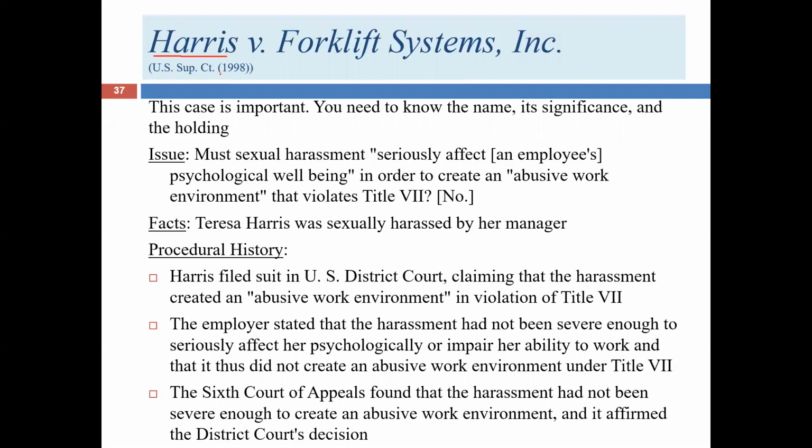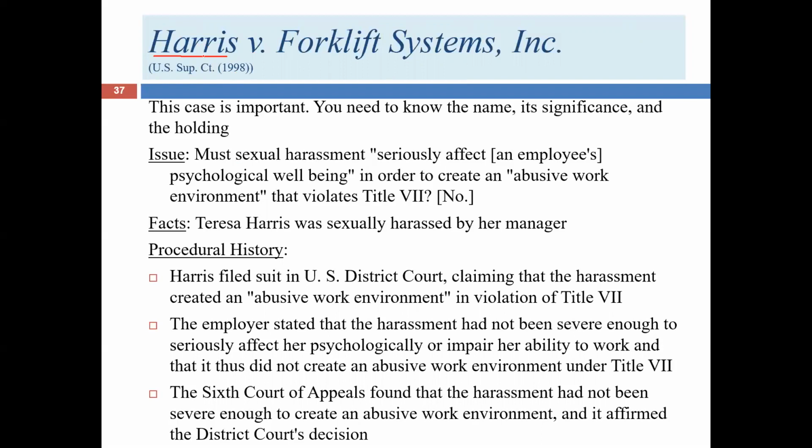You will sometimes see it described as Harris versus Forklift Systems. Harris is not a tremendously uncommon name, and so sometimes people like to include the second name just for clarity's sake. I've never heard people refer to it just as Forklift Systems. You always hear the Harris in there as well. And you can see that we have almost 12 years from Meritor Savings until Harris.